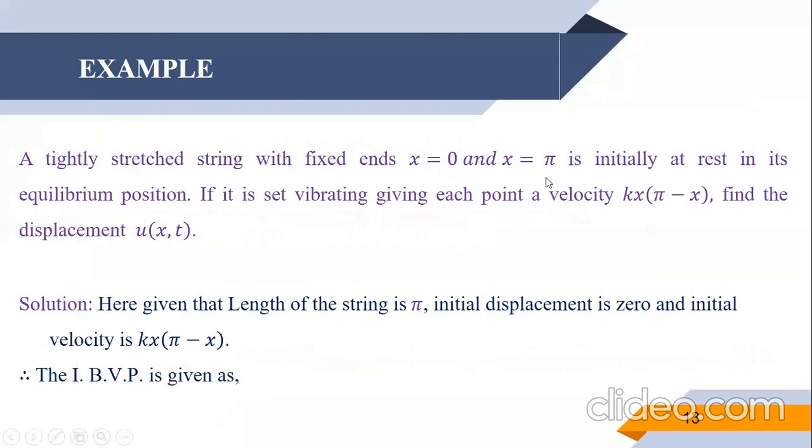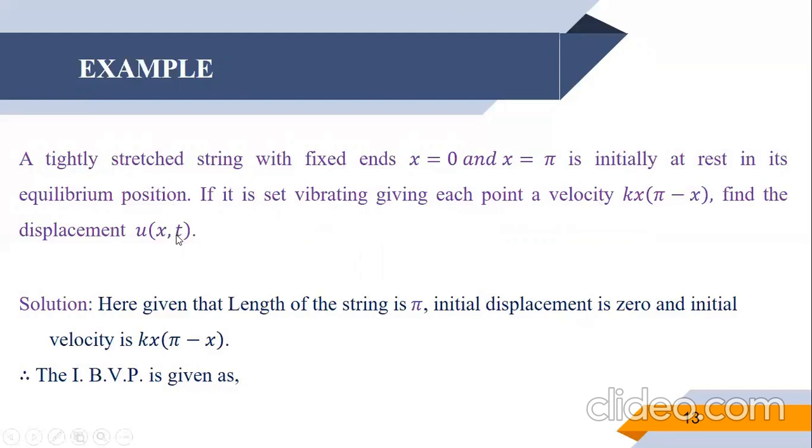So now we take one example based on problem 2, where two ends x is equal to 0 and x is equal to π are given for a string which is initially at rest in its equilibrium position. If it is set vibrating by giving each point a velocity kx(π − x), find the displacement u(x,t).